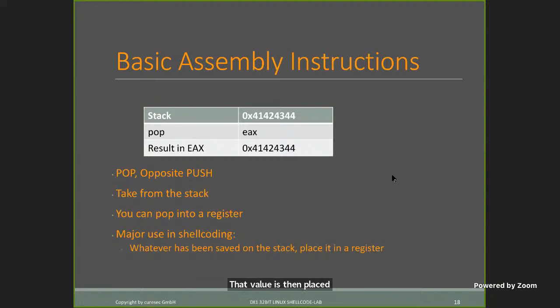So with that example, the stack pointer is pointing to a value which has our A, B, C, D, 41, 42, 43, 44. And when we pop that, this value will pop up in EAX. However, this value is still on the stack, just the stack pointer has moved and will now point to another value.